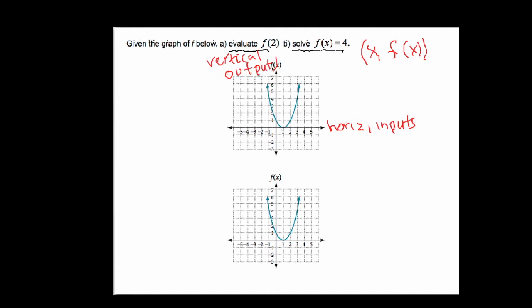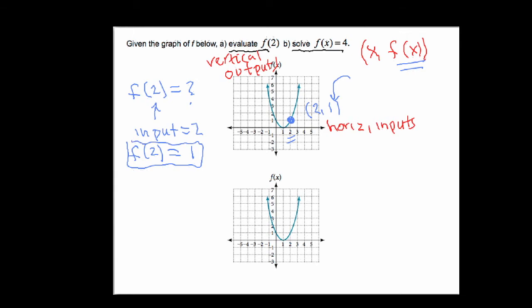Let's start with f of 2. We're looking for an output when the input equals 2. So I find where x equals 2, project up to the graph, and see coordinates of (2, 1). So when I evaluate f of 2, the output is that y coordinate, which is 1.